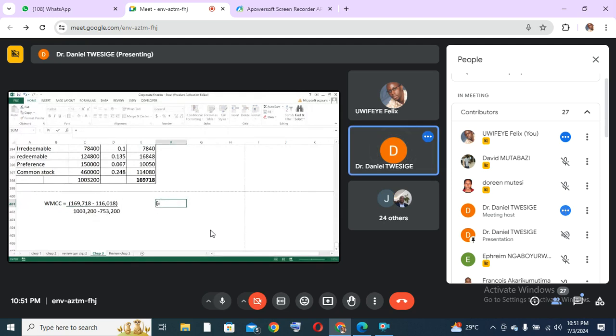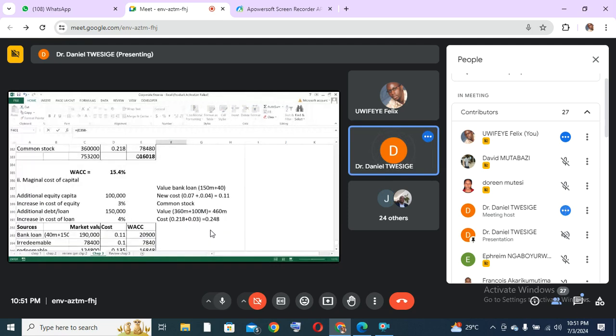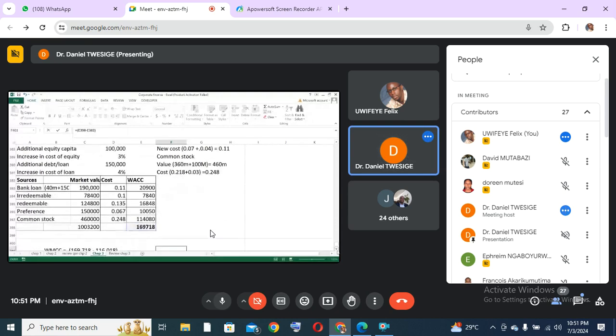So it's going to be this. Let me first put in this formula minus this. I don't know if it will accept.